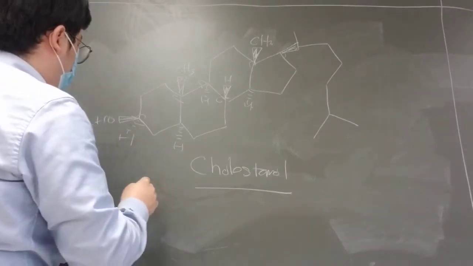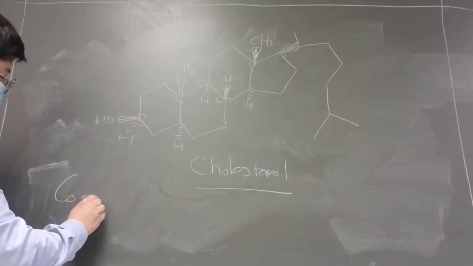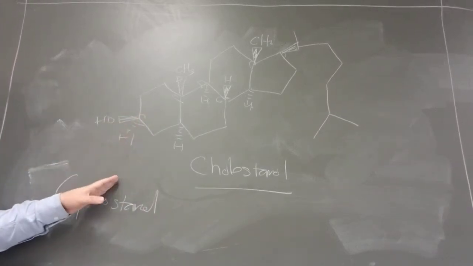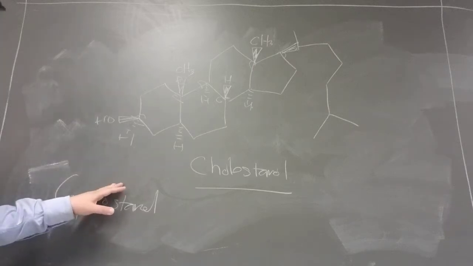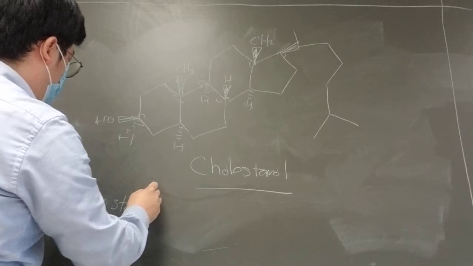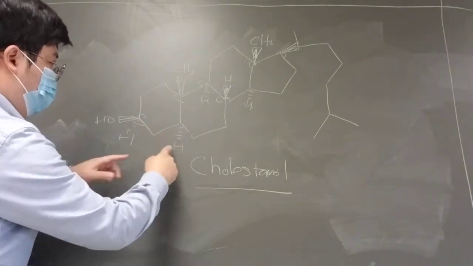But when you look at coprostanol, those two are very similar to the cholesterol structure anyway. The only difference is the double bond here. So whenever you look at this one, they will show you the same, but this one is now going up.